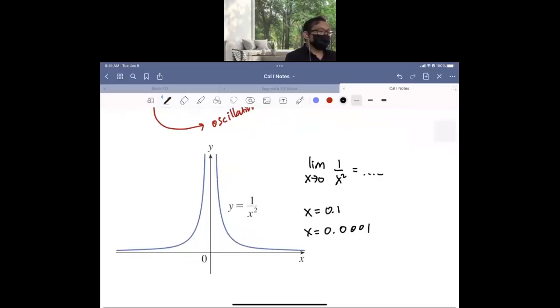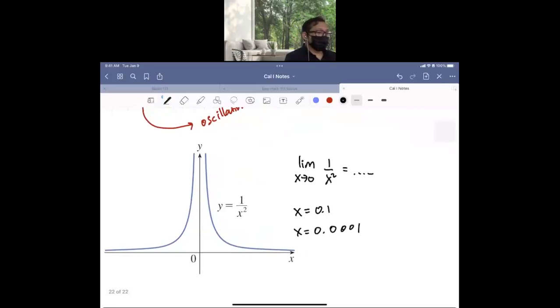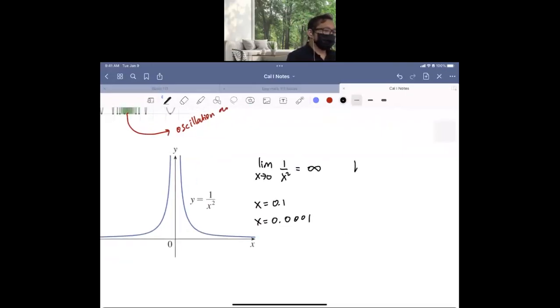Because of this phenomenon in our 1 over x squared graph, we can also write this with the infinity symbol. But if you are asked whether the limit exists or not, the answer is it does not exist. The limit doesn't exist.